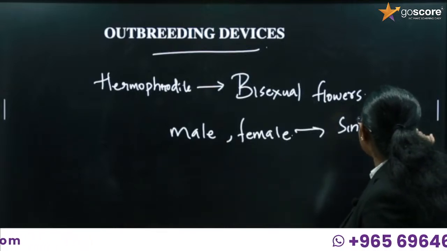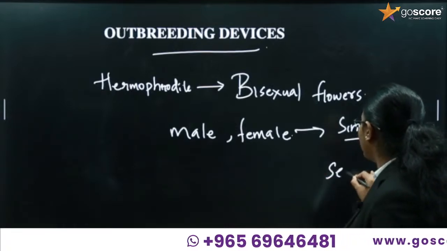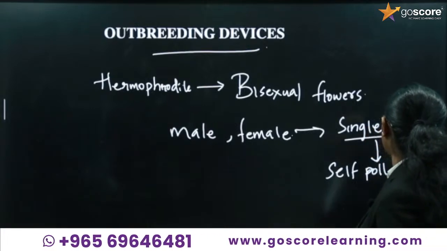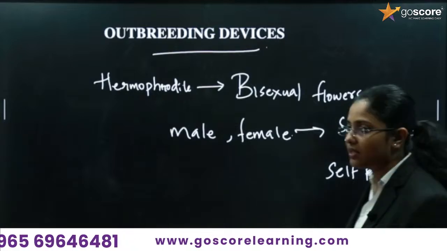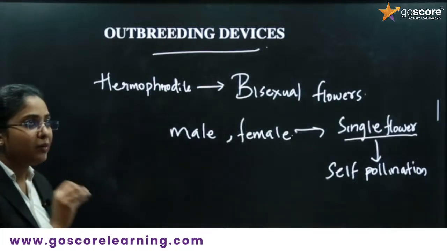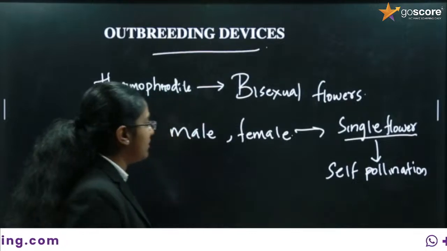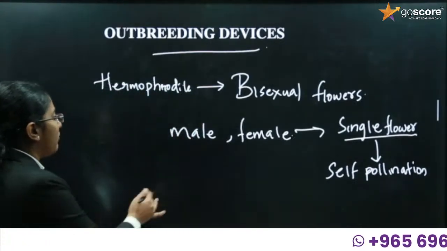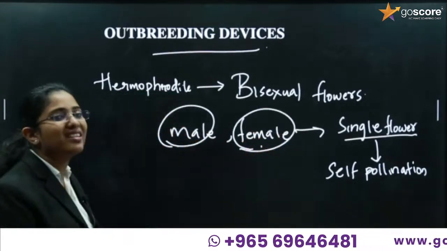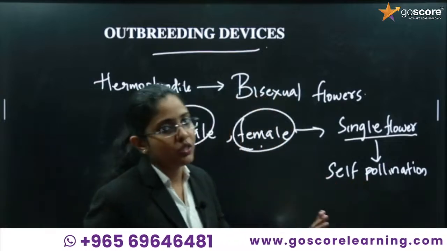So, dear students, there is a possibility of self-pollination. Last class we discussed self-pollination: the transfer of pollen grains to the stigma of the same flower. If both male and female structures are present in a single flower, the chances are more for self-pollination, not cross-pollination.